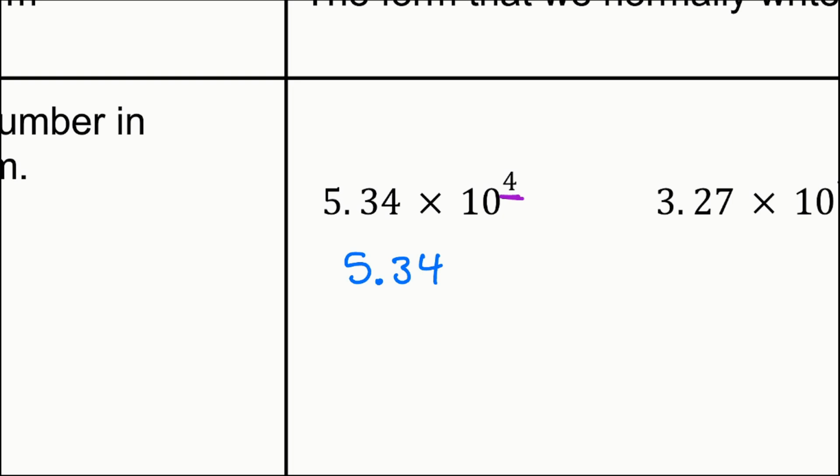I'm going to move it 4 places. 1, 2, 3, 4. And then whatever you get after that, your decimal will end up at the end like that. So this 5.34 times 10 to the fourth is just really 53,400. You can put the decimal at the end, but you don't have to. Typically, I won't. All right.